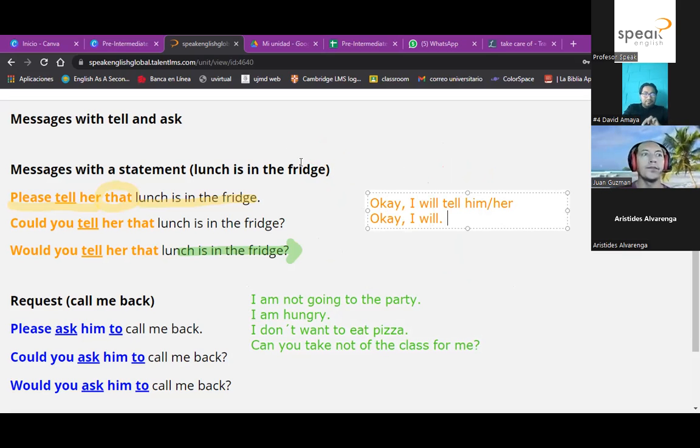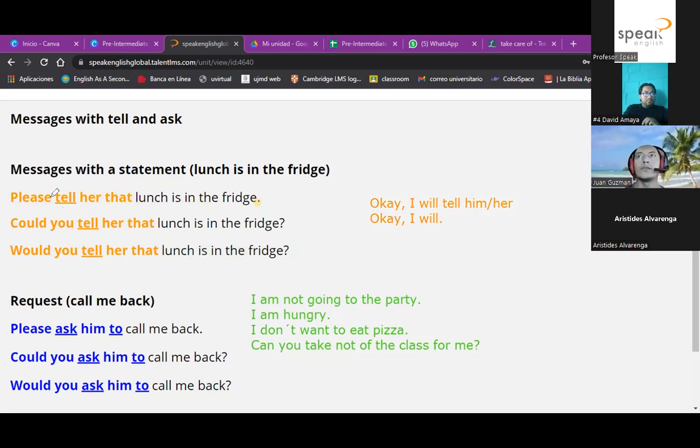Now, as you see in this example, you have 3 ways to transmit the same message. This one is like a command, okay? Esta es como una orden. Es como, ay no, decirle a Juan que no puedo hoy.